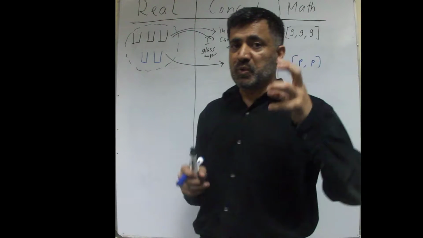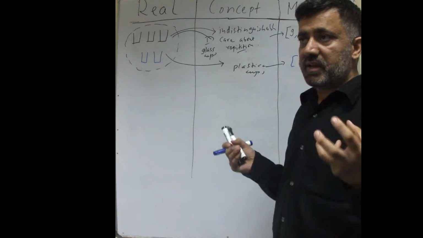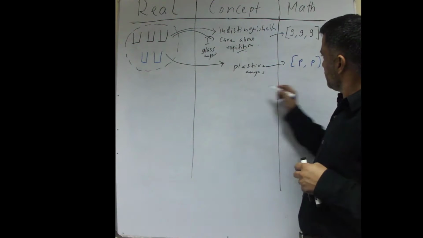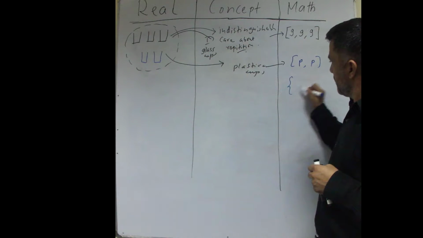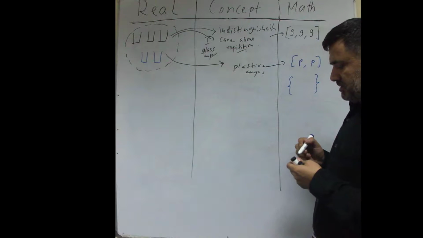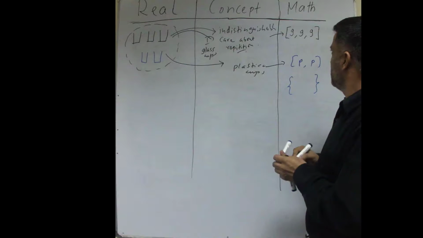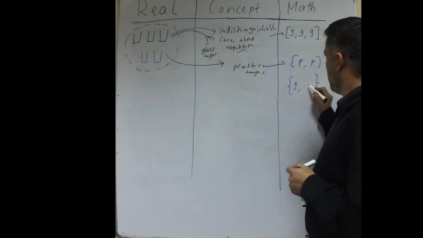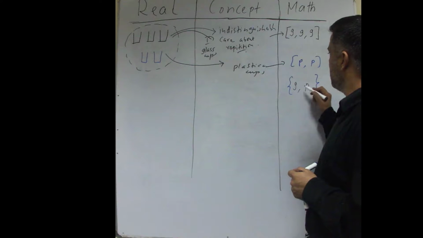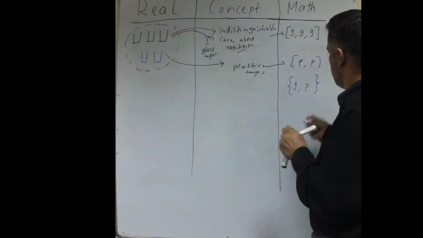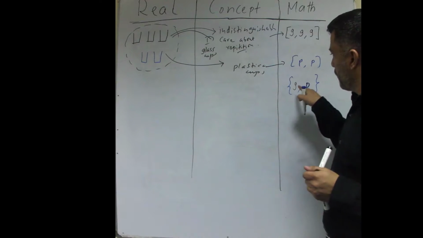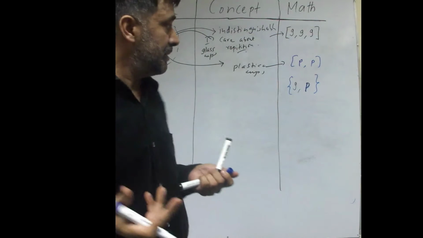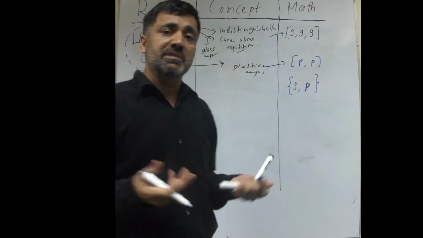So if I just want to have an abstract collection of types, then I will have a set. I have cups of type G, glass, and cups of type P, plastic. And I write G one time, because I'm only interested in the type, so I don't have to write G 3 times, because I'm not interested in the count.